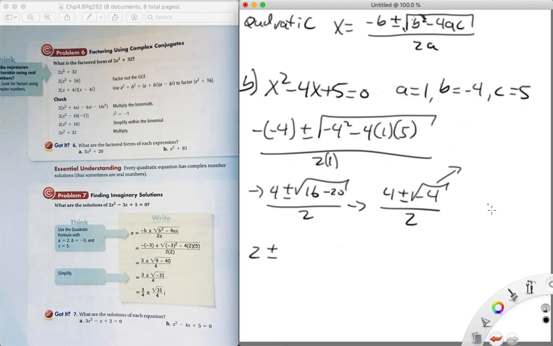So we have this guy. That's going to be the square root of 4 times the square root of negative 1. That's 2, and that's i. Now I'm going to focus here: 2i over 2, and 2 divided by 2 is 1. So it's going to be 2 plus or minus i.